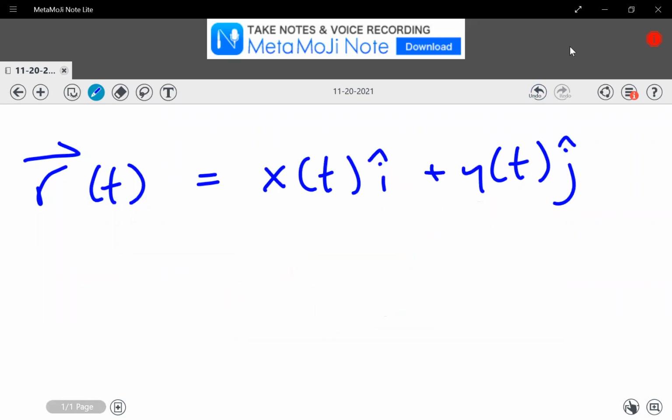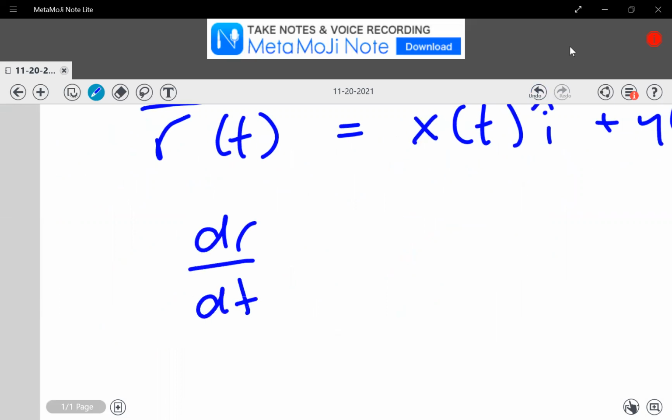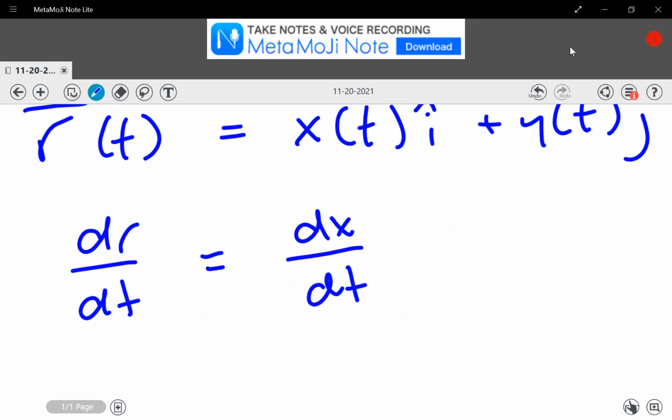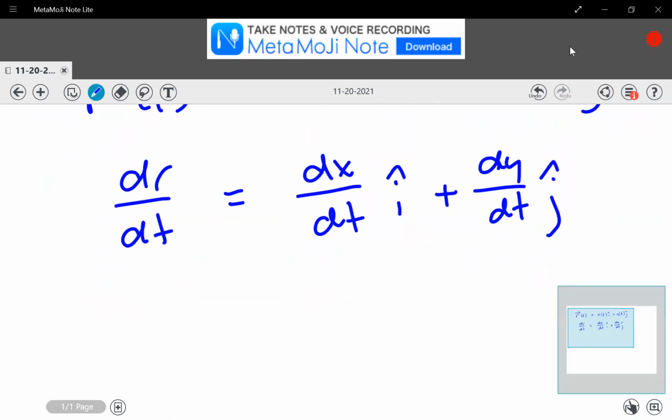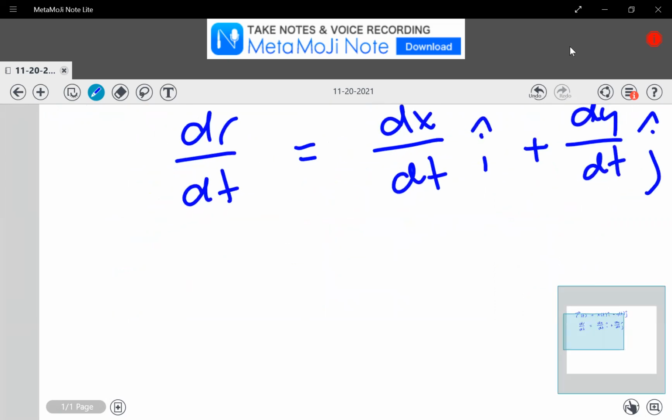So now what we're going to do is differentiate this. So we're going to get dr over dt, right? Because we're differentiating with respect to t for everything. It is just going to be equal to dx over dt i hat plus dy over dt j hat. Okay? So essentially what you can do is multiply both sides by dt.